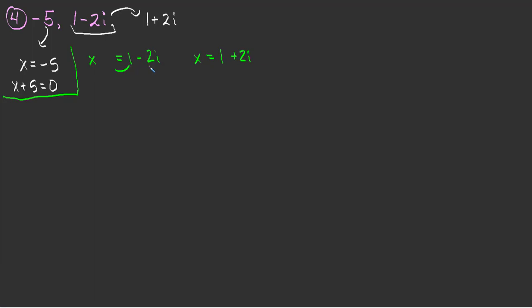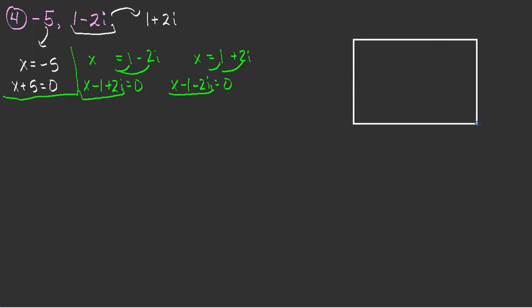So when I move things over, it's going to become x minus 1 plus 2i equals 0. And this one, when I move things over, it's going to become x minus 1 minus 2i equals 0. And so we're going to multiply these two factors first, just like we did on the last one.